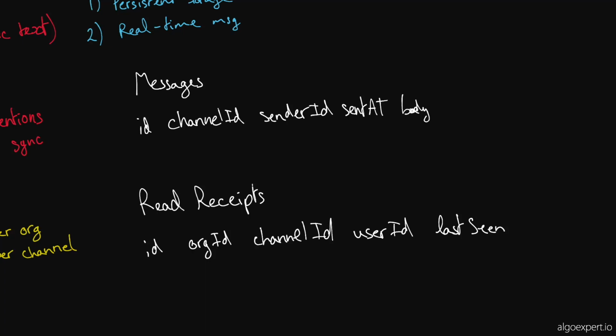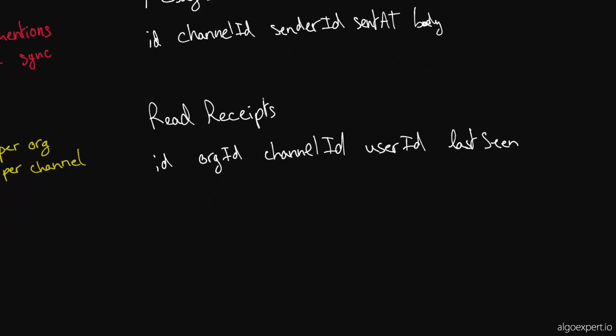Another way of doing it is maybe we have just another table, literally another table that keeps track of the last activity in a channel. So this other option would be, imagine we have, let's see, channel last activity, maybe. Yeah, channel last activity.